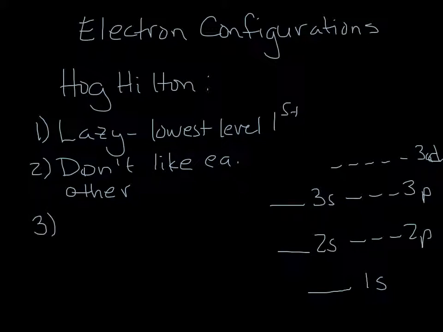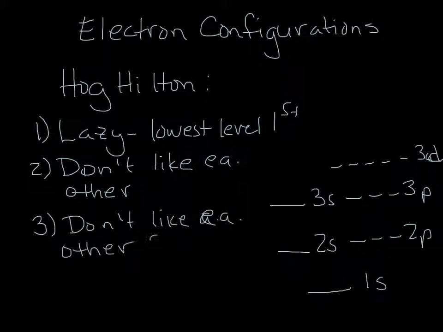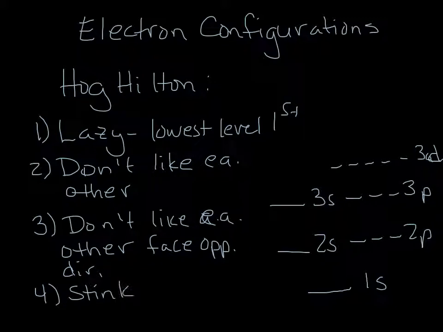Rule number 3 is that since they don't like each other, they face opposite directions. And then the last rule is that they stink, so we can only put 2 in each room, or each blank. Each one of those blanks represents a room in our Hog Hilton.